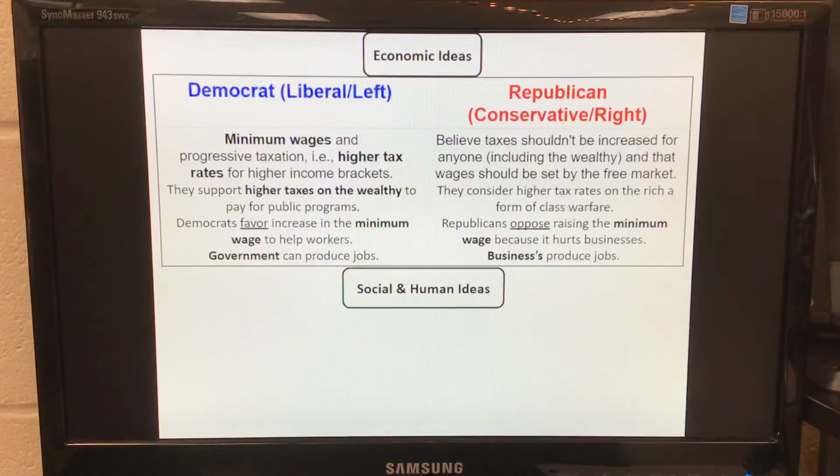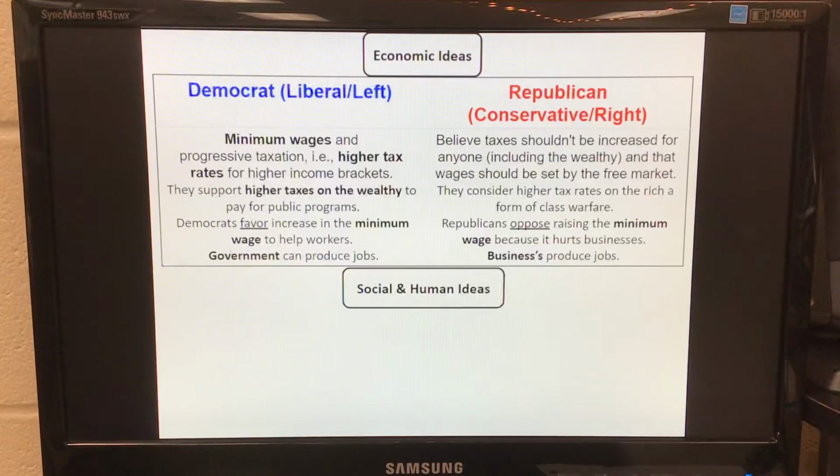They want to raise taxes for the wealthy. Okay? That's the second bullet under Democratic Party. We're going to list those and then we'll come to the Republican side. I would like for you to put in parentheses next to it, when you say increase taxes for the wealthy, that's called a progressive tax.